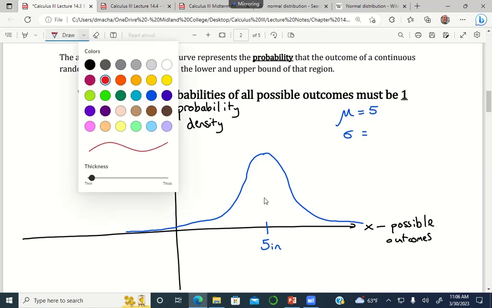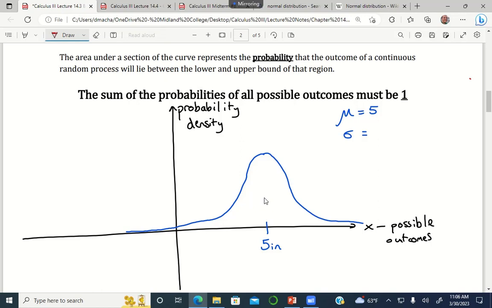If you actually want to talk about probabilities and not probability density, then for a continuous random variable like this, you would have to say, okay, what's the probability that the next lizard that I capture has a tail length that falls somewhere in between 5 inches and 7 inches?